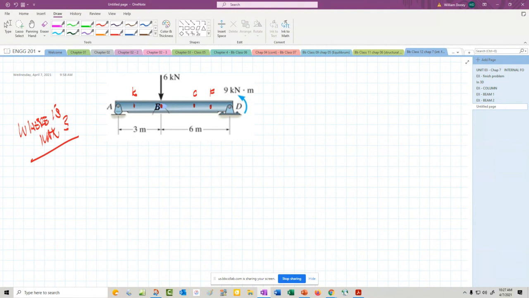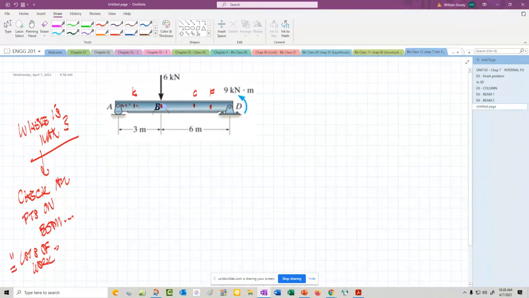But to really find it, we'd want to check all points on the beam. We want to check every point along the beam to make sure we didn't miss the maximum somewhere.